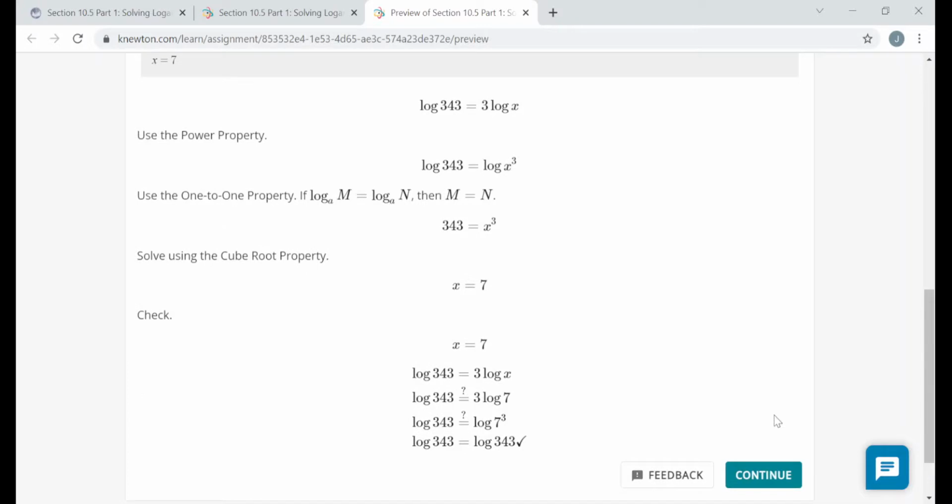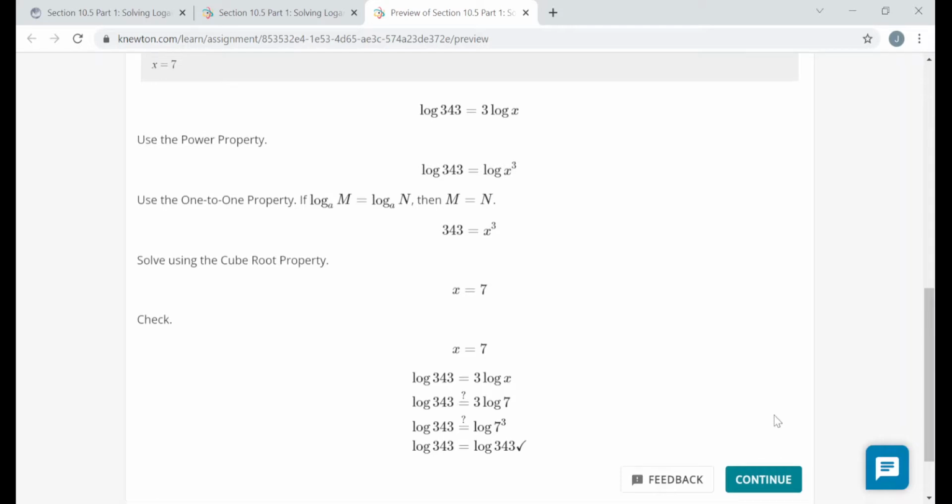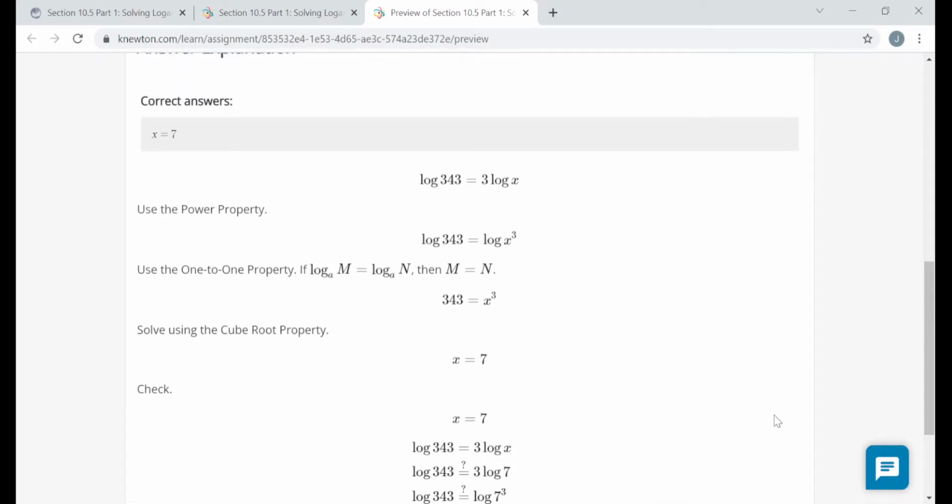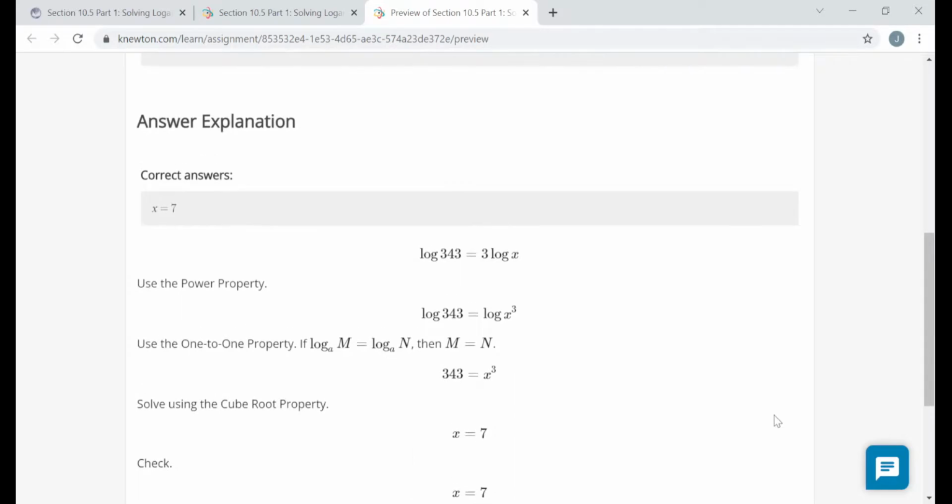Please read through this. If you get it right, read through it to make sure you got it right for the right reasons, that you didn't just get lucky. Or they may go over some alternate method that will help you in future questions, maybe one you like better. If you got it wrong, definitely read through the answer explanations, try to figure out where you went wrong and learn from your mistakes.